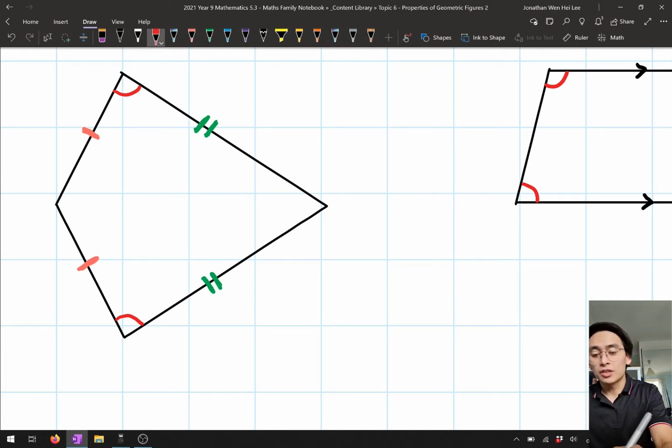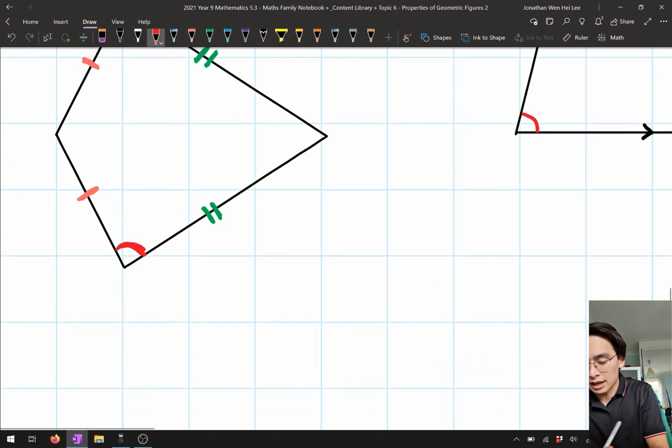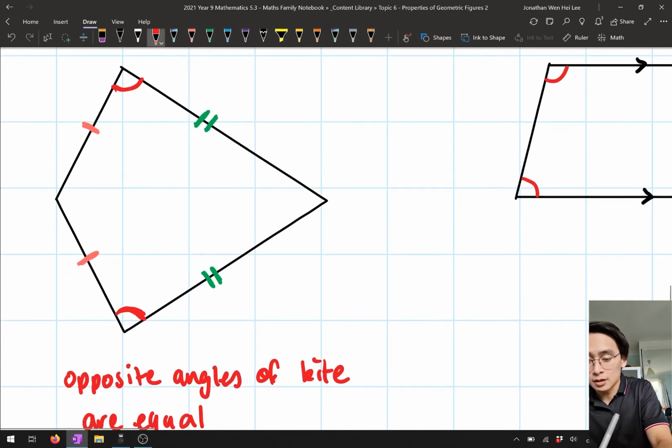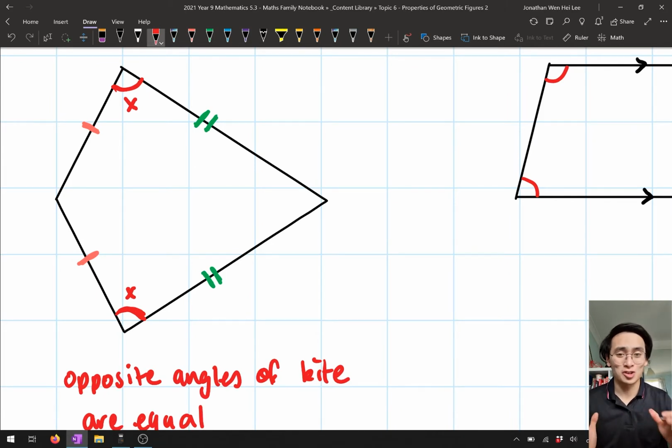With a kite, these two angles over here that I've highlighted, we're going to notice that these opposite angles of a kite are equal. This angle at the top here is going to have the same size as this one here. So if I have a kite, I can use this property to identify some of the angles I might be missing in my shape.